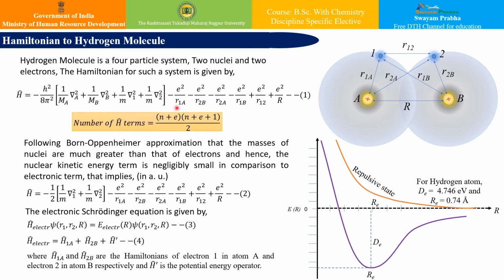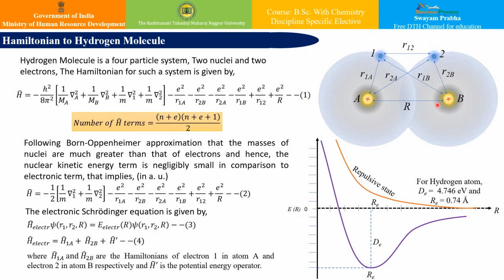Herein, e square upon R1A is the attractive potential between the positive nucleus and this electron. R2B is the attractive potential between hydrogen atom B and the second electron, and therefore they are indicated with a negative sign. Likewise, the negative sign is with R2A, as there is an attractive potential between hydrogen atom A and the second electron.